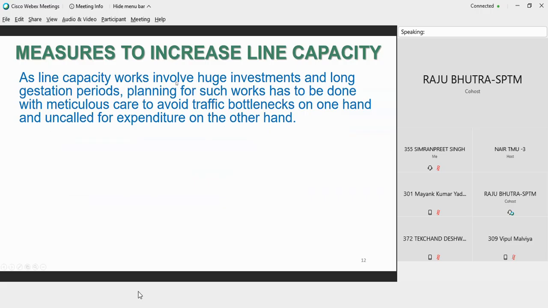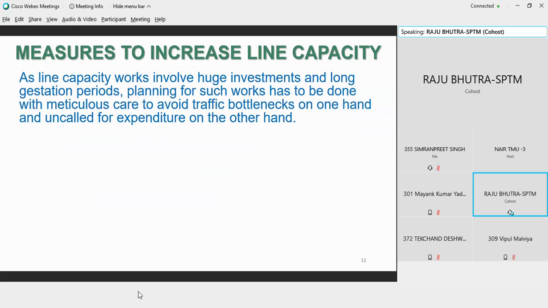As line capacity works involve huge investments and long gestation periods, planning for such works has to be done with meticulous care to avoid traffic bottlenecks on one hand and uncalled for expenditure on the other hand. So generally all the line capacity works which we discussed, which involve expenditure, require huge investments and have long gestation periods.